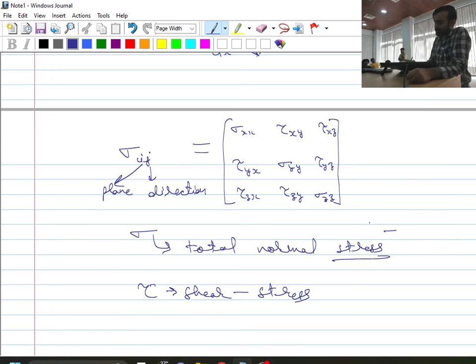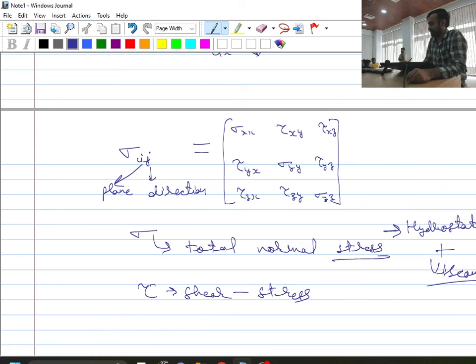So what will be the total normal stress in a system? The total normal stress in a system will be because of two components. First is hydrostatic, plus second is viscous. So there can be viscous normal stress as well as the hydrostatic stress. Point is clear? One will be because of the pressure. The pressure component, which I am considering, I refer to as the hydrostatic normal stress, and there can be some normal stress because of the deformation of the fluid element in the normal direction.